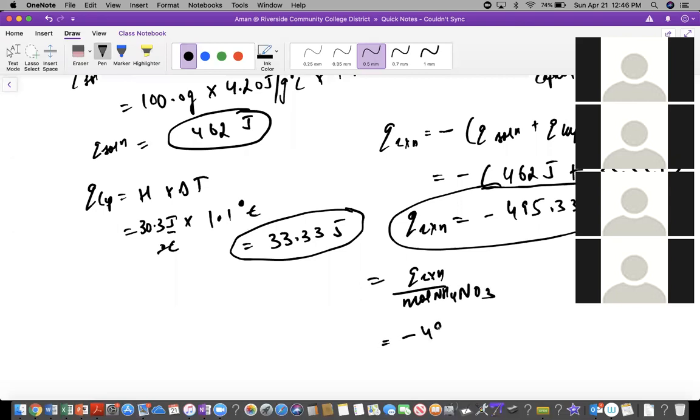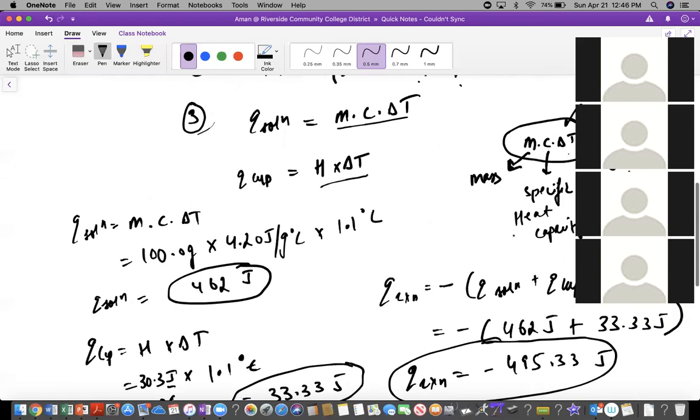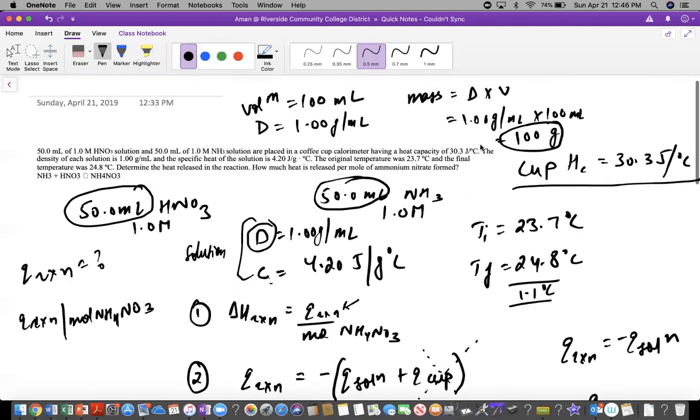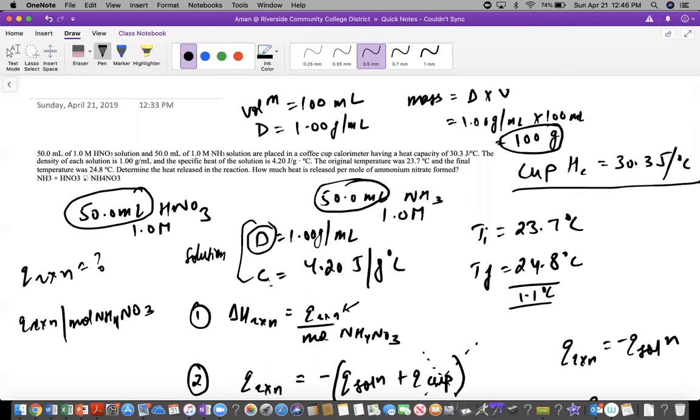What are the moles of NH4NO3? It's not given, but we're given the molarity, so we should be able to find it from that.